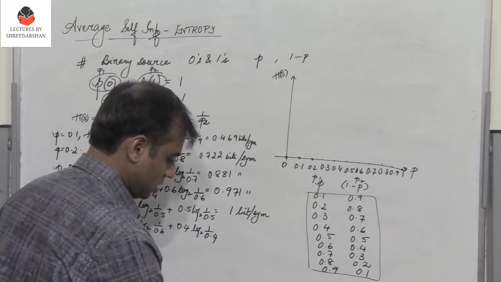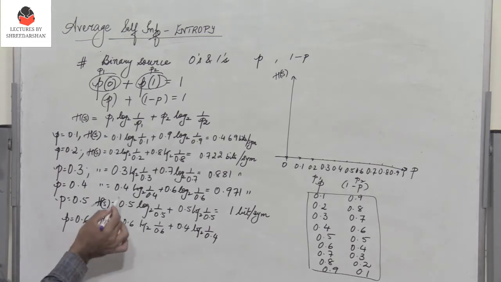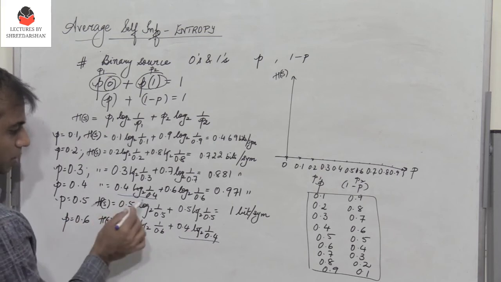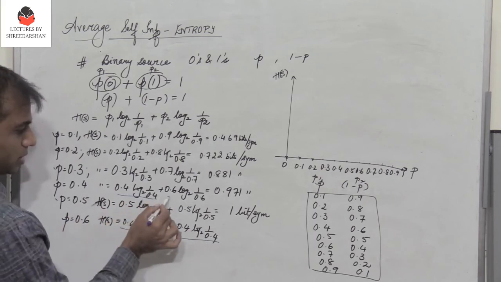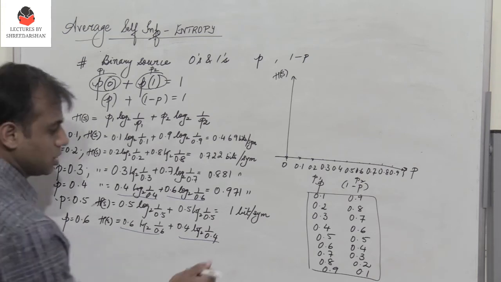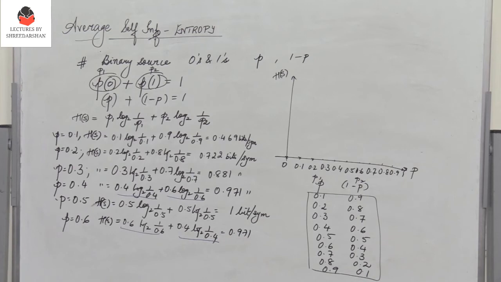I actually have this here, isn't it? You observe 0.4 log to base 2 1 by 0.4, 0.6 log to base 2 1 by 0.6. So what do I get? I get the same value, which is 0.971.